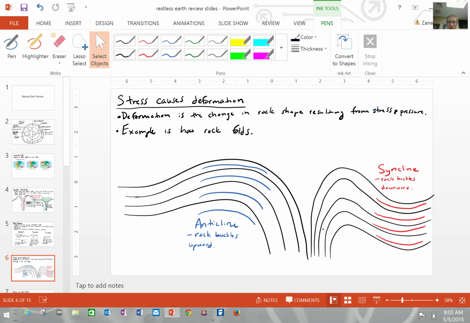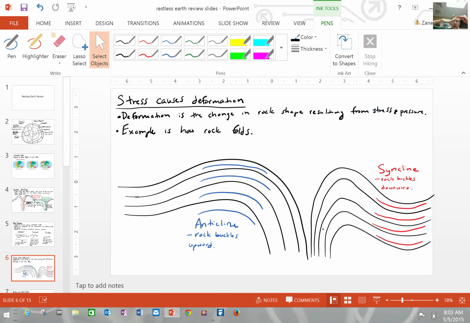Okay? So you can see I've kind of tried to color code different folding patterns in blue and red. But when you start to see a buckling upward of rock, like this, it's called an anticline. Okay? So just think anticline buckles upward. Then we have what's called a syncline where rock buckles downward.